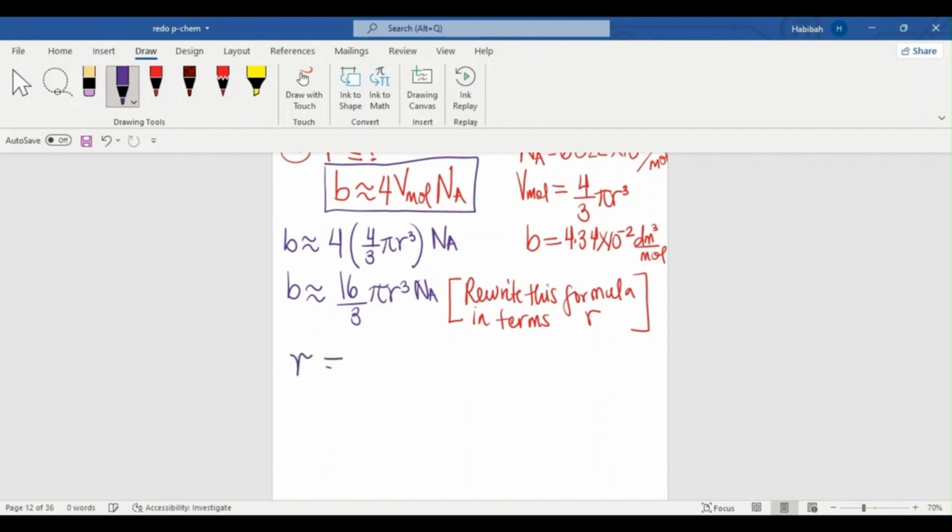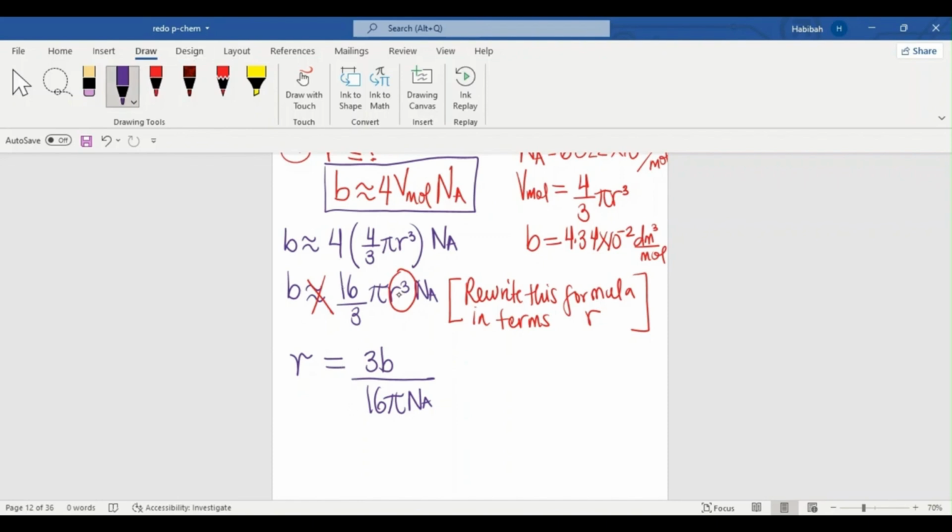We're going to, again, write this in terms of r. So, of course, you cross multiply to do that. So we have 3b, okay, sorry, let me go back to purple. So you have 3b when you cross multiply over 16 pi Na. That is how you have the r in the major position of it being alone. So the subject of the formula is what I meant by major position.